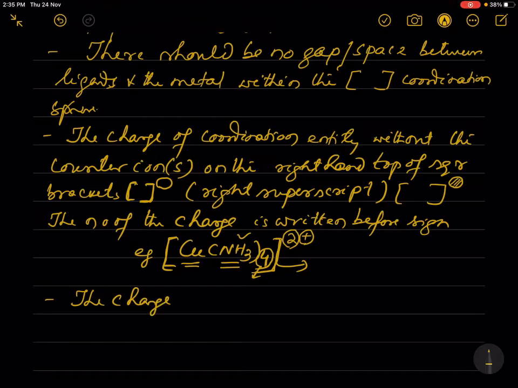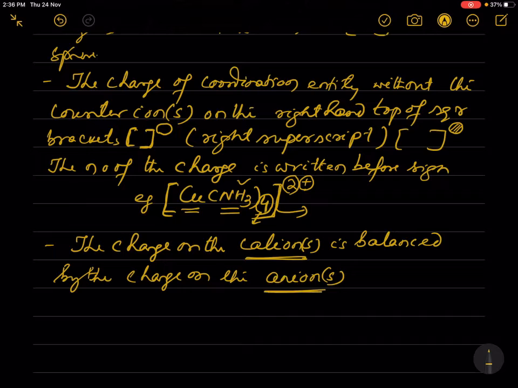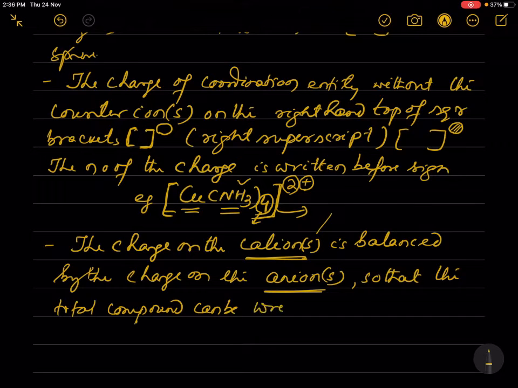The charge on the cation or cations is balanced by the charge on the anions, so that the total compound can be written in a neutral form.